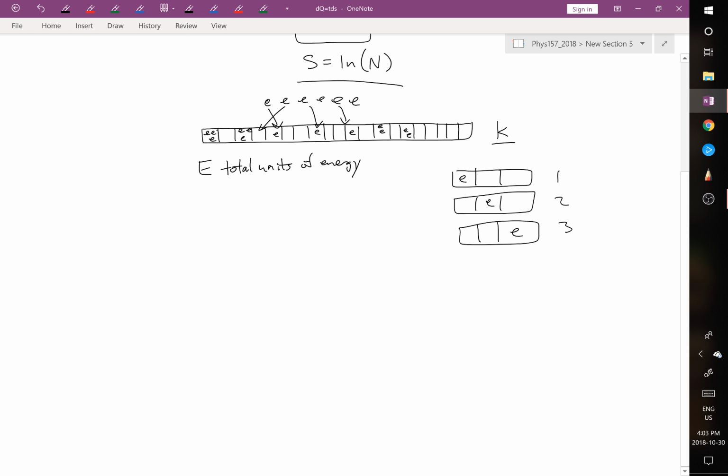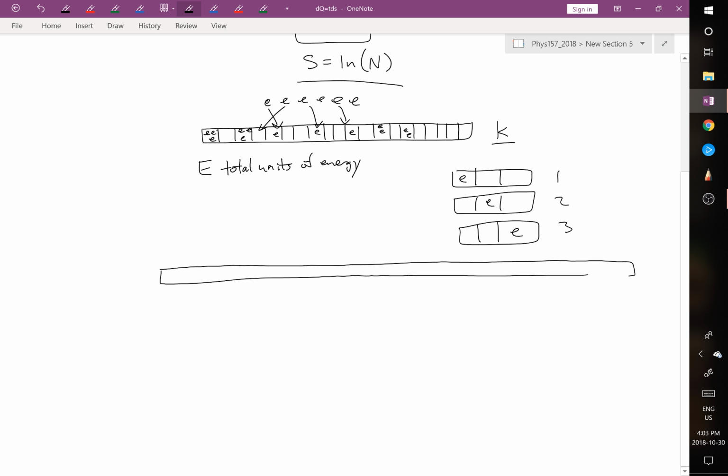Okay, so there's a nice trick for counting how many configurations there are. The trick is I am going to imagine drawing a significantly larger number of boxes. I'm going to draw E plus K minus 1 boxes.